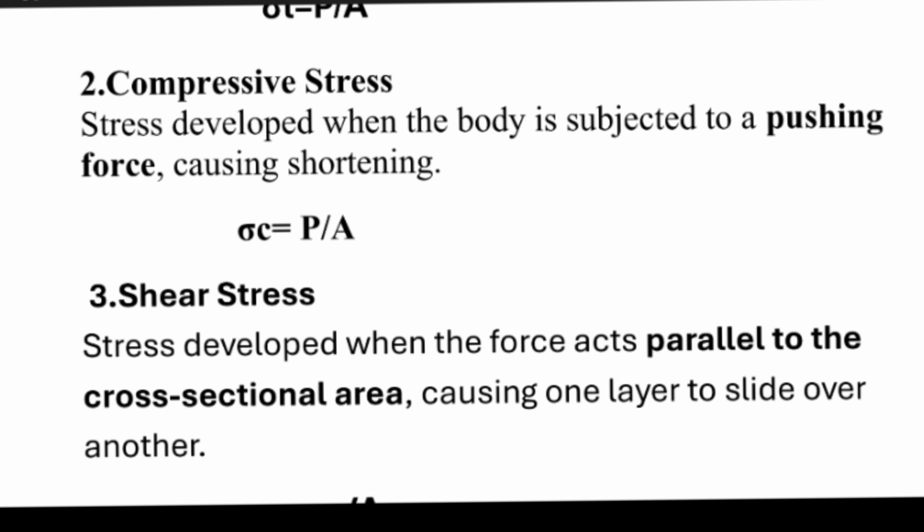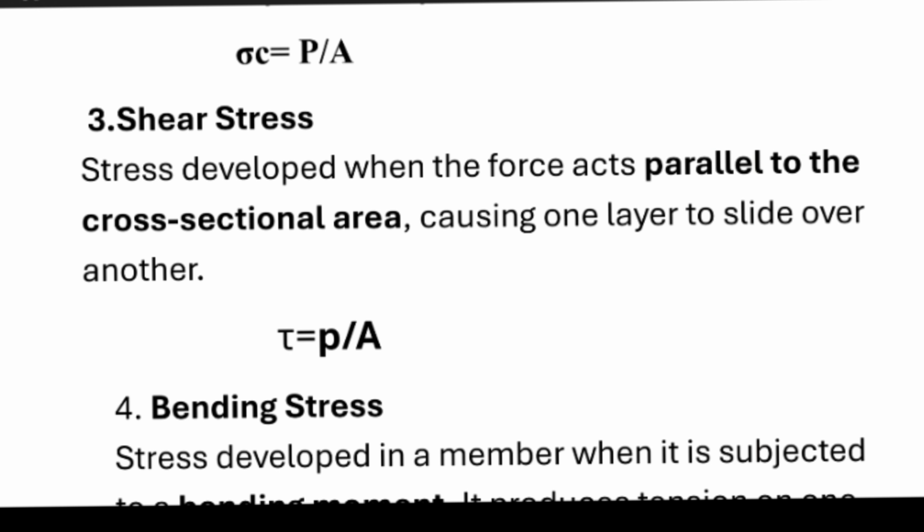Next is compressive stress. Compressive stress is nothing but the stress developed when a body is subjected to a pushing force that causes shortening, meaning pushing, compress. That is the formula we can represent: sigma C is equal to P by area. Next, the third is shear stress.